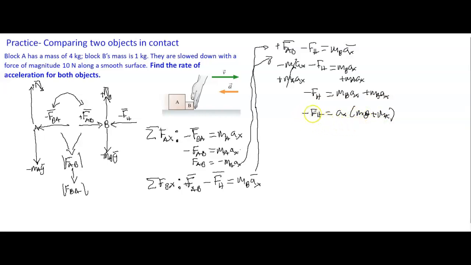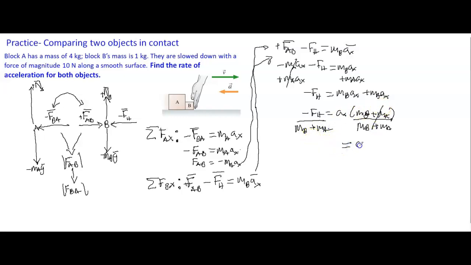What this is saying is that the hand force is pushing block A and block B, the combined masses, to the left and accelerating it to the left. So let's solve for the acceleration. I'm going to divide the combined masses onto both sides, which will eliminate it from the right side.